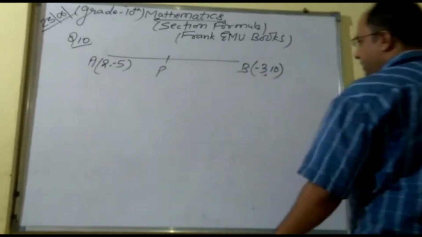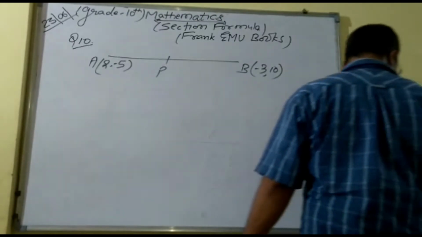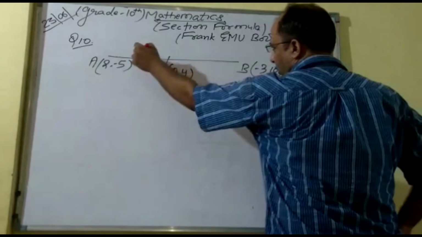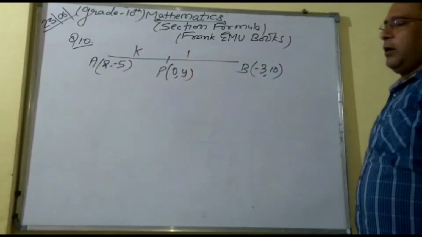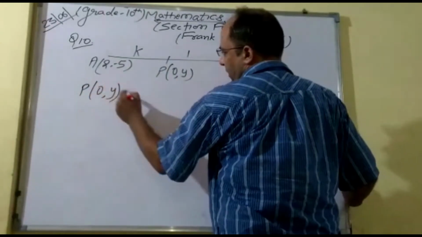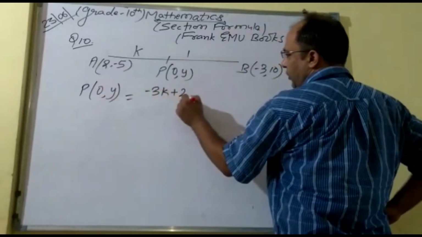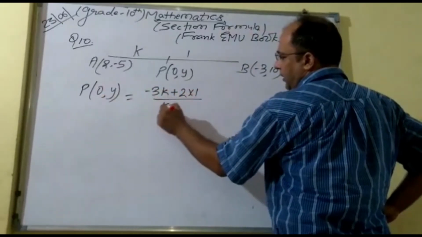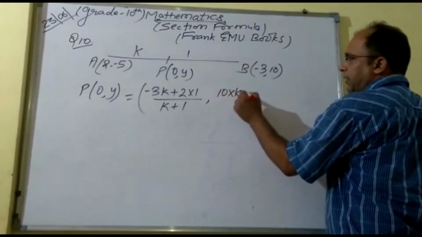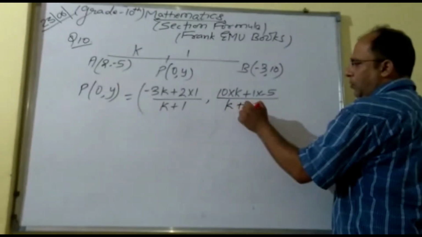Now, the point of division is not given, but it's mentioned that it is on the y-axis. The meaning of y-axis is that the point is 0, comma y. Ratio k is to 1. Again, P (0, y) will be x equal to (minus 3k plus 2 into 1) upon k plus 1, and y equal to (10 into k plus 1 into minus 5) upon k plus 1.